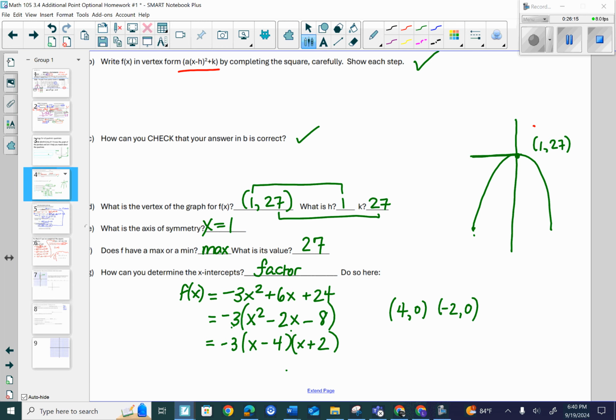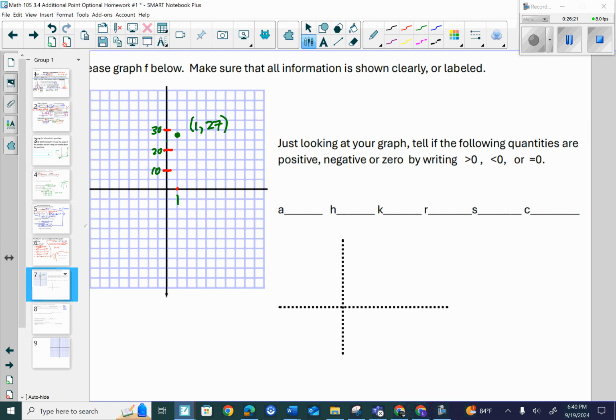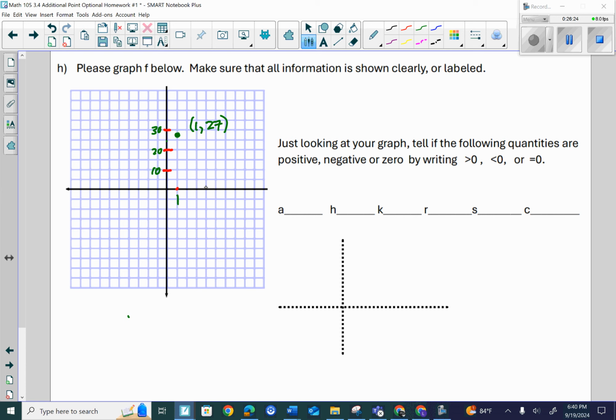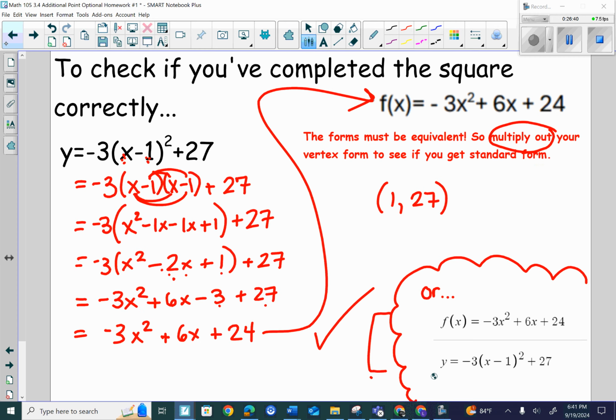So I'll go back to my graph, 4, 0, and negative 2, 0. And that's perfect because the vertex is right in between. Halfway in between. Oh, maybe I should look at what my y-intercept was. What was my y-intercept?